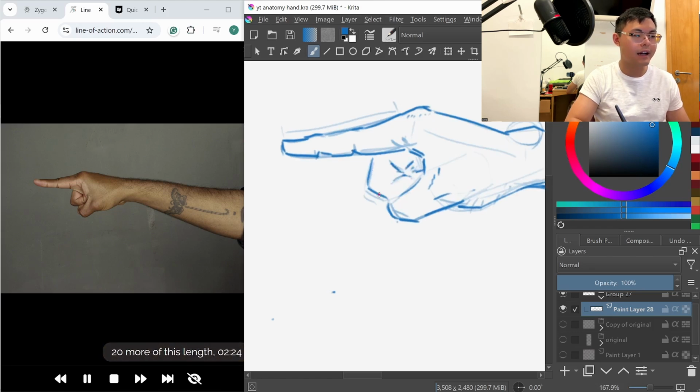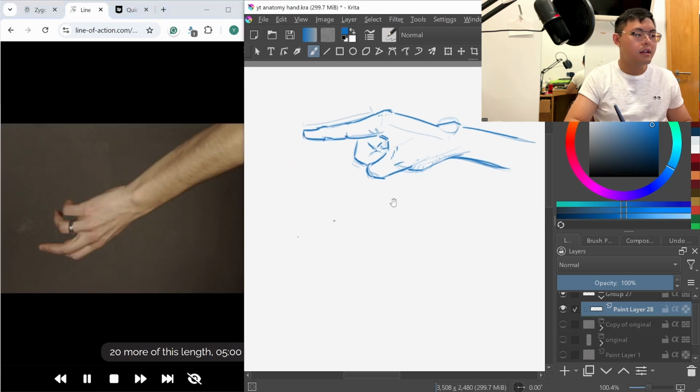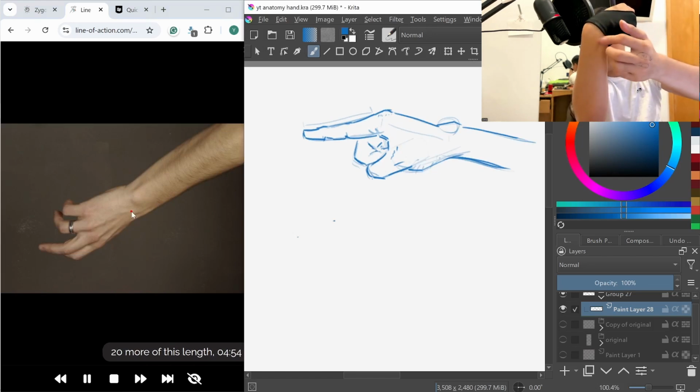Am I drawing it right? Is this anatomically correct? I'm not really worried anymore. Like look at this thingy. That's the ulnar bony structure over here, right here.